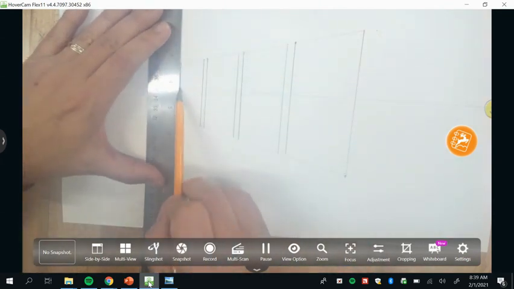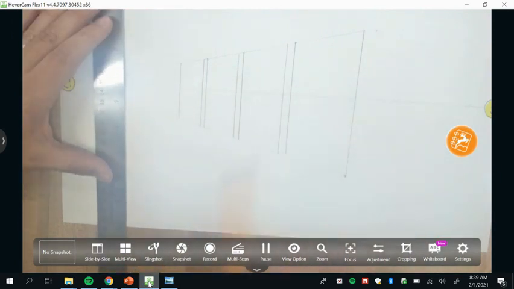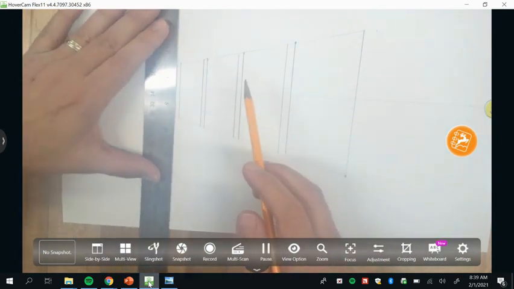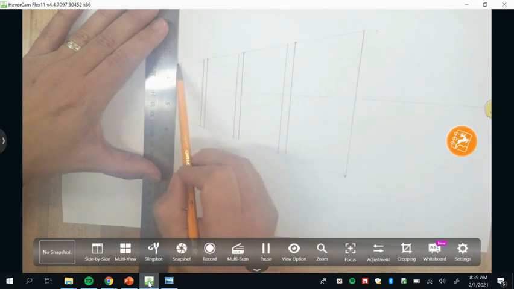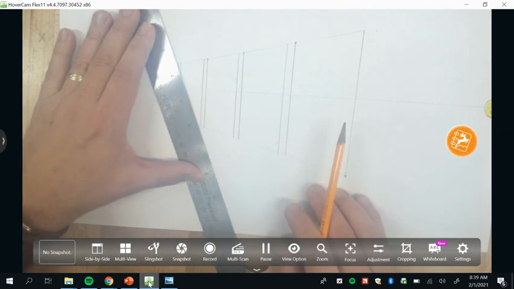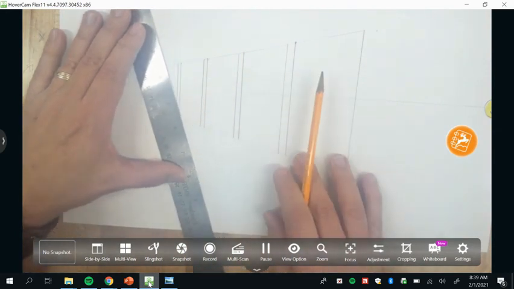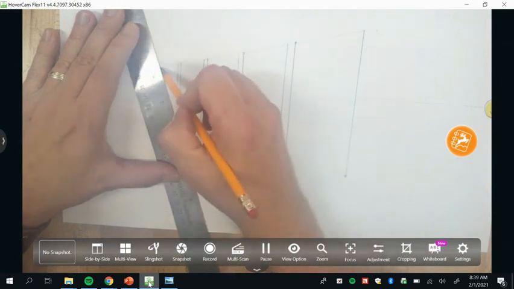And I'm going to do a vertical line. And then I have the last 4 letters of my word. And then I'm going to draw a vertical line. And then I'll measure this from this corner to this corner, and I will slide it over and then make a vertical line.